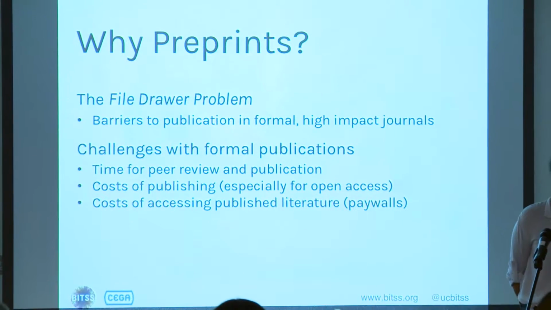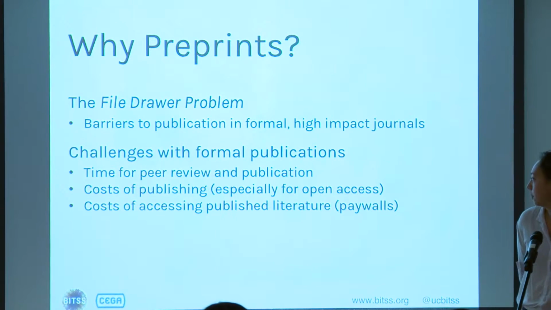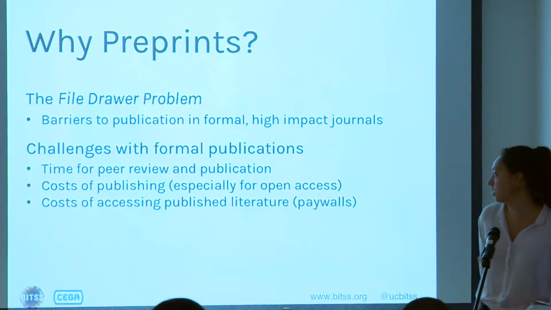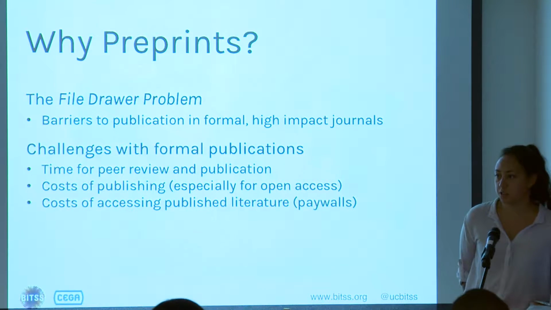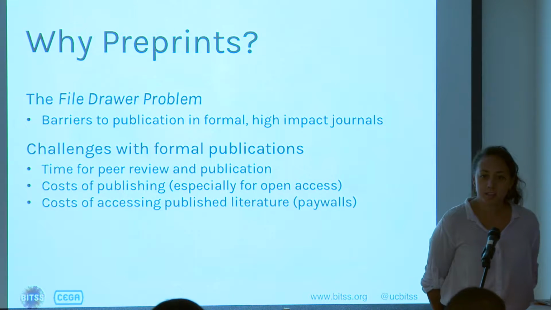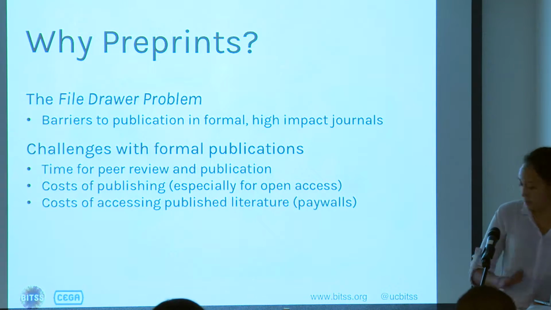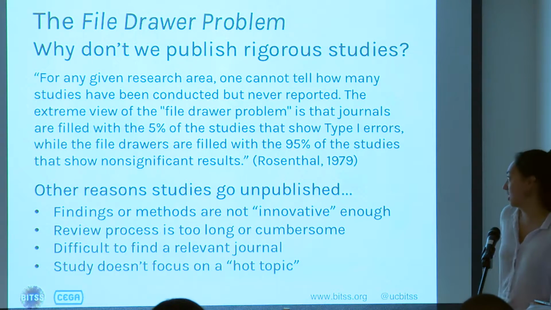Time for peer review and publication can take a long time. And it can be costly to publish, especially if you want to publish in an open access journal. And the cost of accessing published literature can be difficult, especially if you're working or studying at an institution that doesn't necessarily have the subscriptions. So there are paywalls.